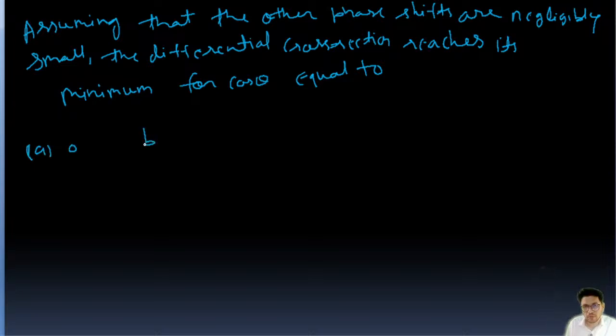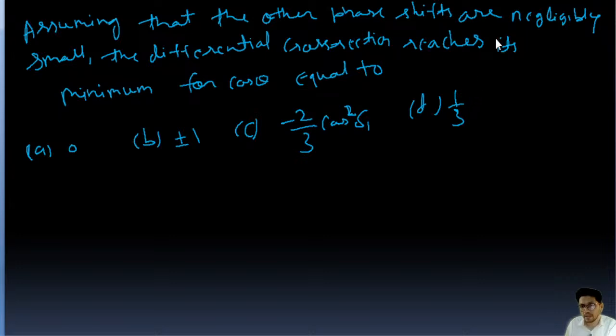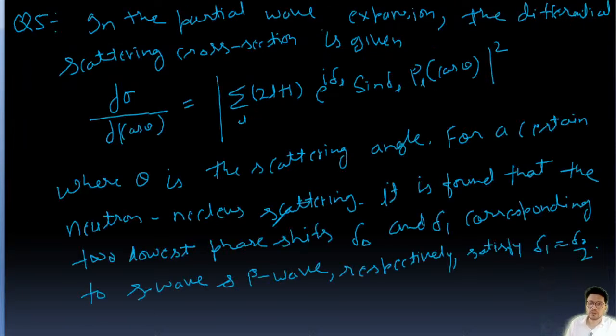Option A is 0, option B is plus minus 1, option C is minus 2 by 3 cos square delta 1, and option D is 1 by 3 cos square delta 1. Okay, so very good question and lengthy question.